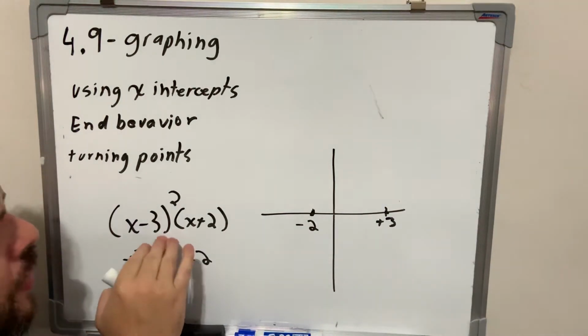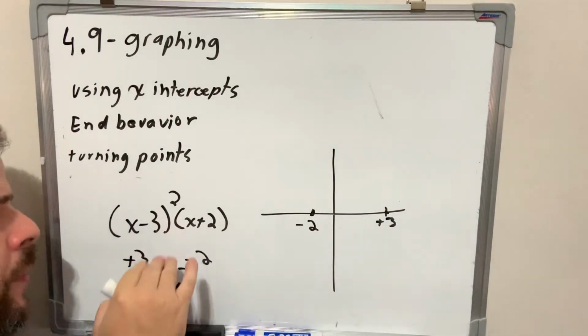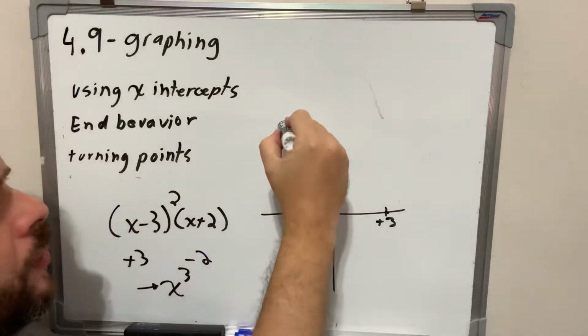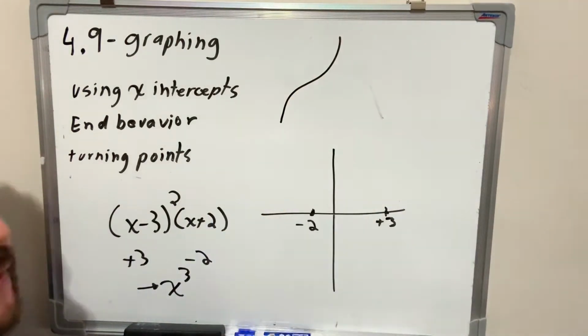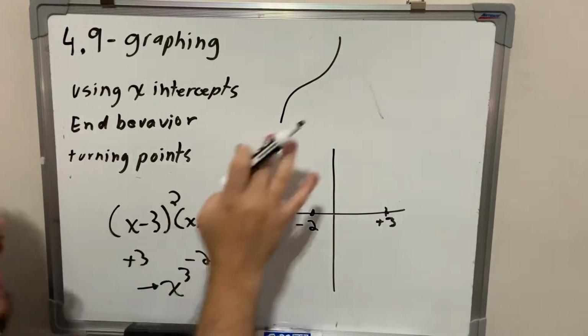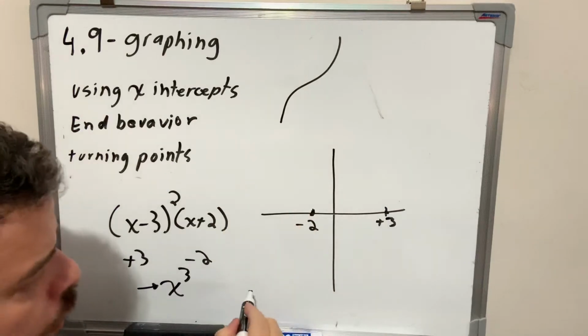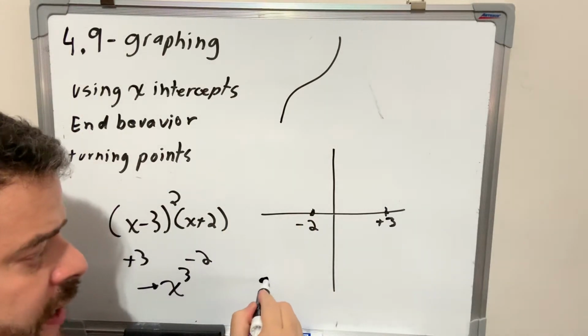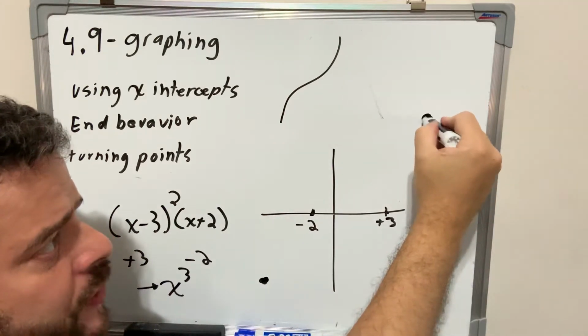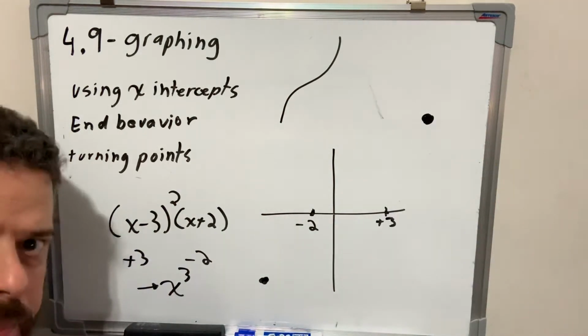So now that I know that this polynomial is of third degree, remember, a third degree polynomial looks something like this. When it's not reflected, and this one isn't, I always begin on the lower left-hand side, so you put a dot here, and I end at the upper right-hand side, so you put a dot here.